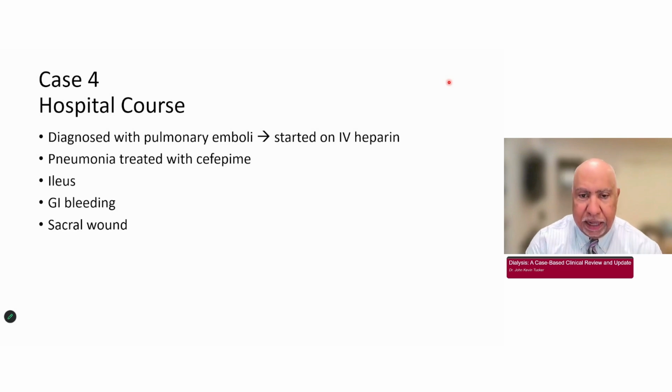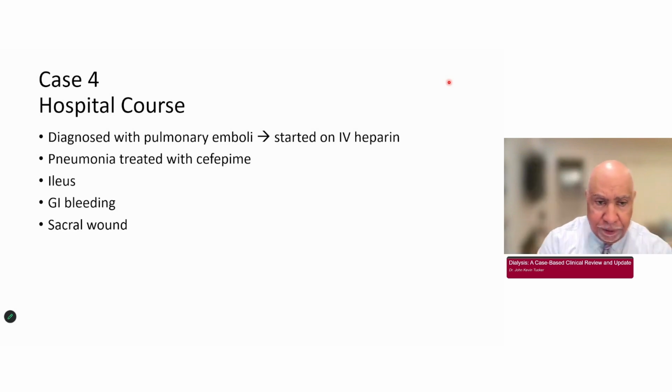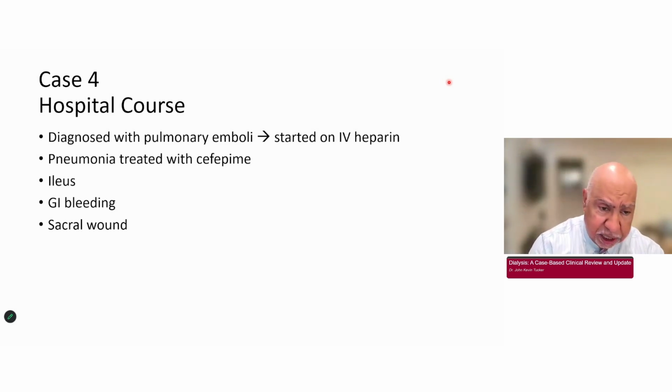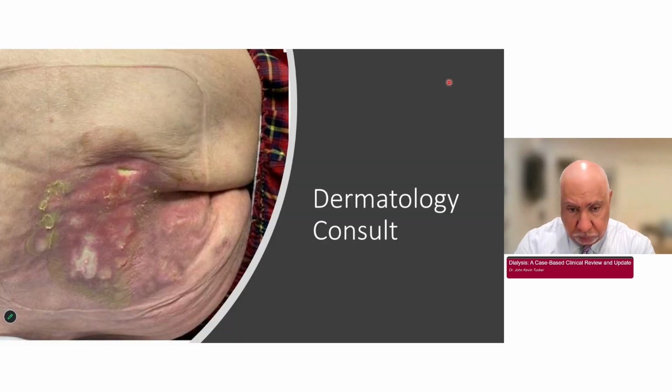In the hospital, he's diagnosed with pulmonary emboli and is started on IV heparin. He develops a pneumonia and is treated with cefepime. He develops an ileus, GI bleeding, and a sacral wound. This is a picture of that sacral wound.